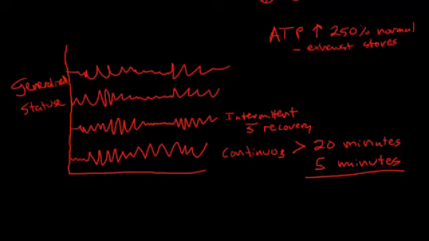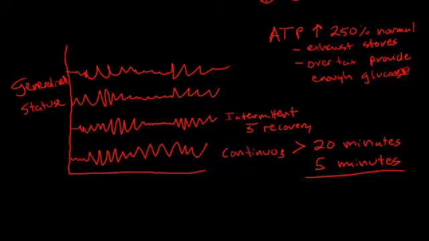This can also overtax the body's ability to provide adequate energy. The body just can't keep up with the glucose demand. If this continues, you're going to end up with ischemia, because you're robbing the cells of energy, and very quickly the cells are going to die.